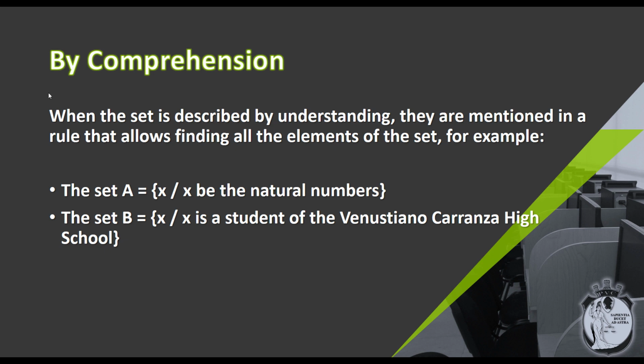You use that kind of representation when the elements are so many. Another example here, the set B equals a student of the Venustiano Carranza High School. There are so many students, so it's easier that way to describe a set.